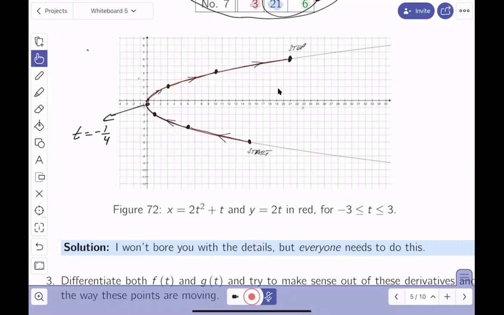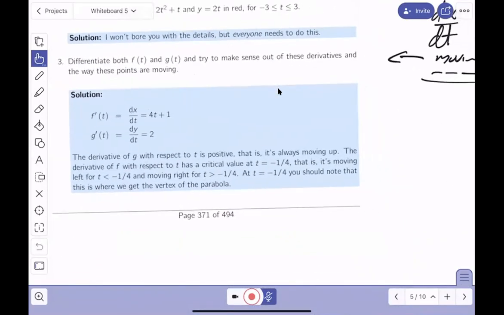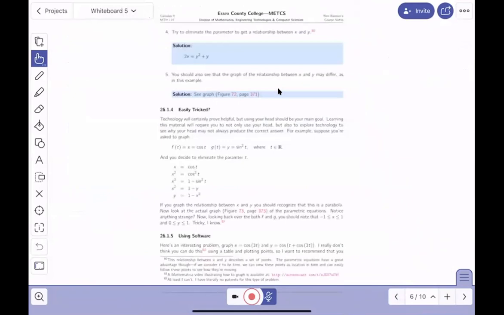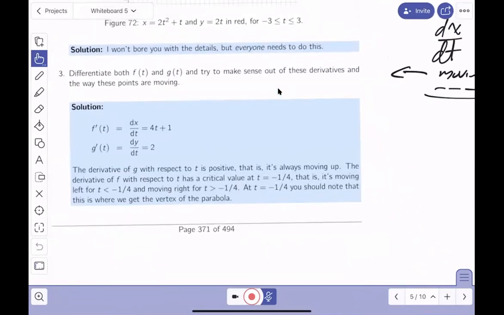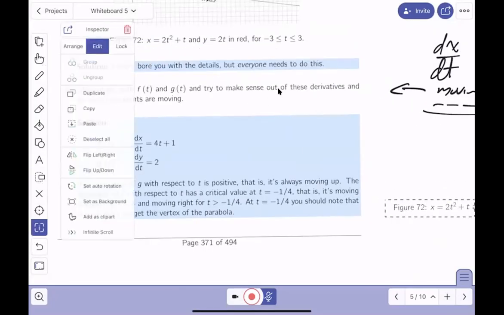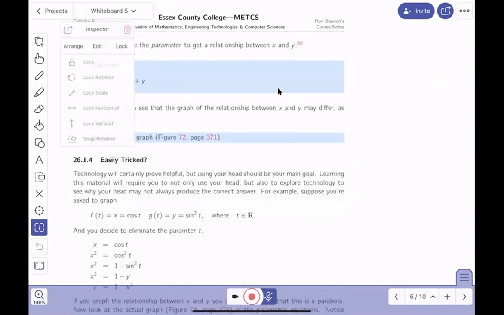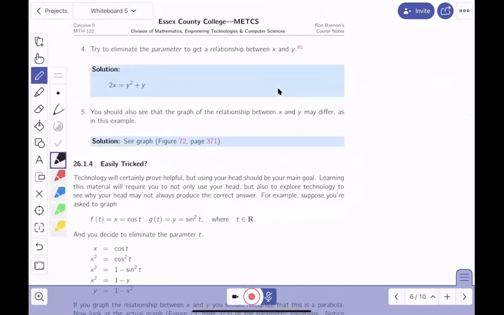All right, let's go to the next thing up. We made sense out of the derivatives, and this is all written down for you. Let's go to the next page. The next page is eliminate the parameter. I'm going to eliminate the parameter over here, and there's a problem with it, but we'll talk about it.